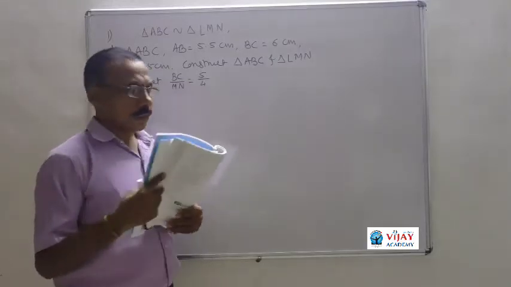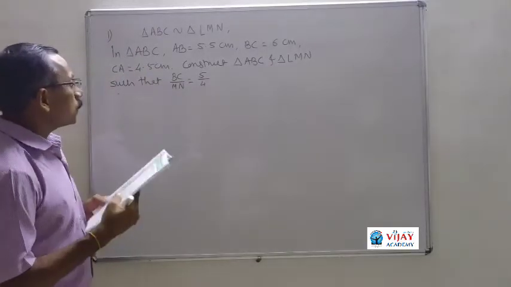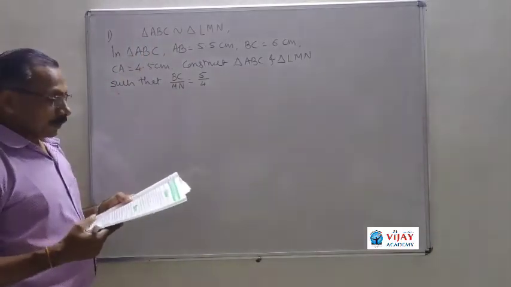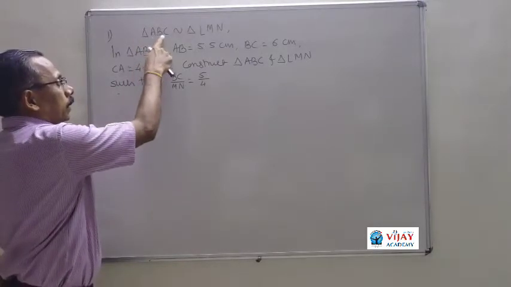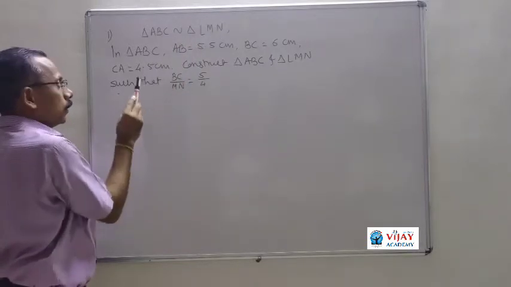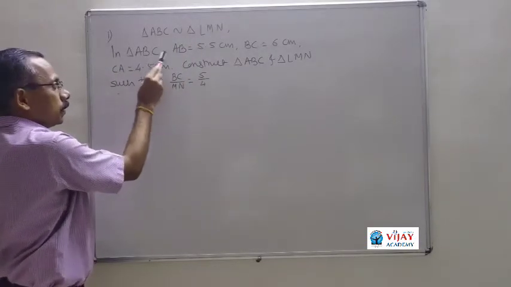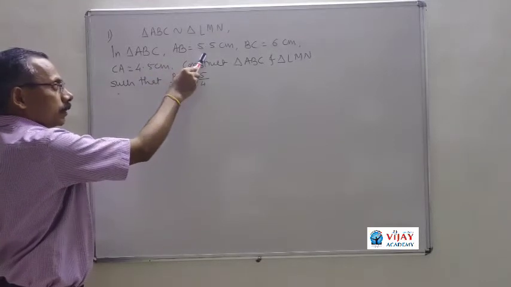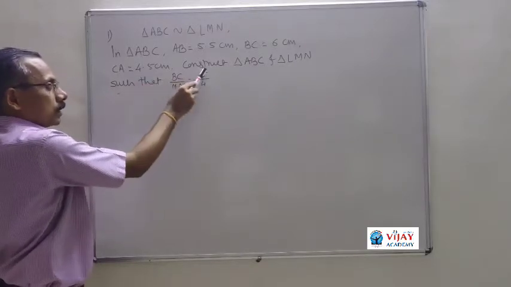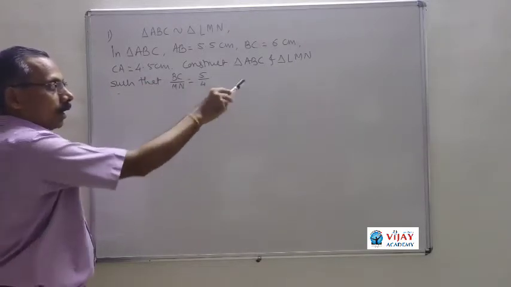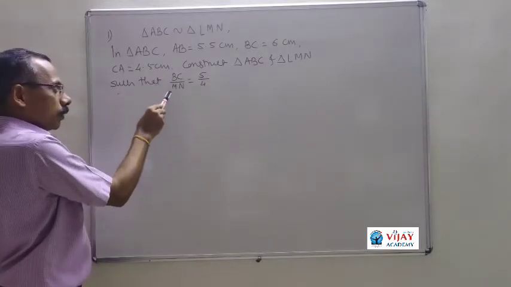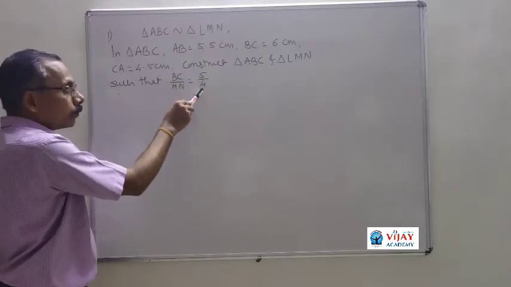So the first example is related to the first type, where all the vertices are distinct. Triangle ABC is similar to triangle LMN. You are given in triangle ABC, AB is 5.5 cm, BC is 6 cm, CA is 4.5 cm. Construct triangle ABC and triangle LMN such that BC upon MN is equal to 5 by 4.